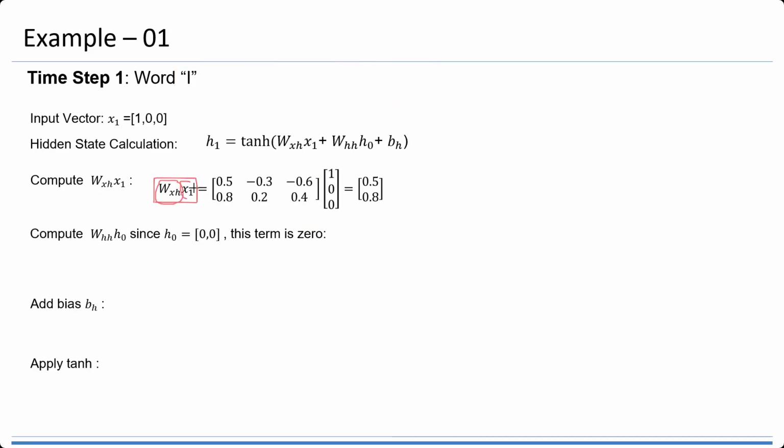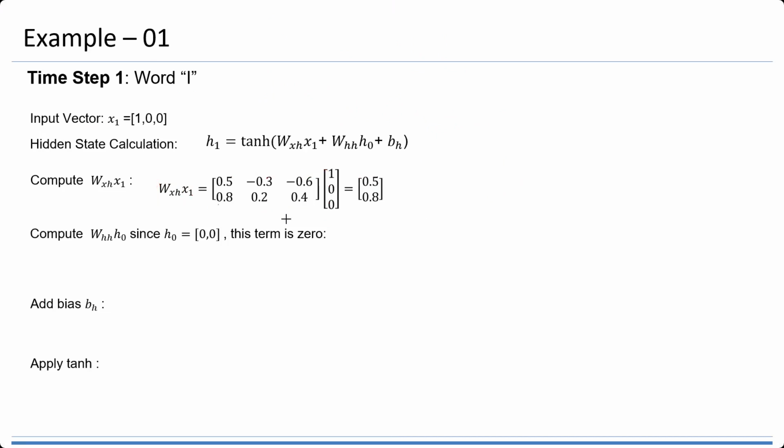Then if I check what the vector would be after we calculate with the weight and the x, we get 0.5 multiplied by 1 plus 0.3 multiplied by 0 and 0.6 multiplied by 0. Everything multiplied by 0 means 0, then we get the value 0.5.